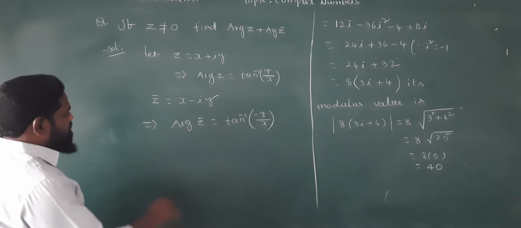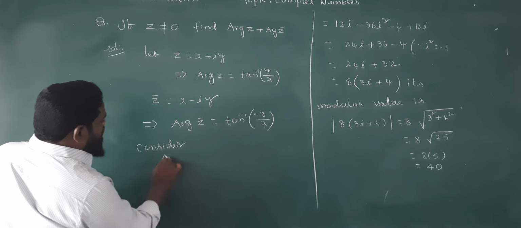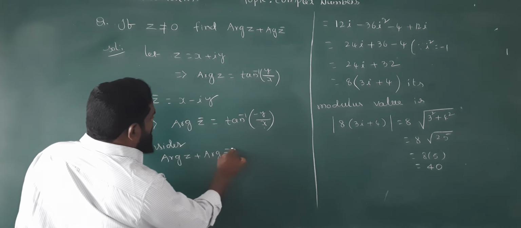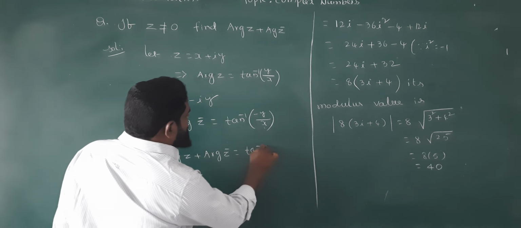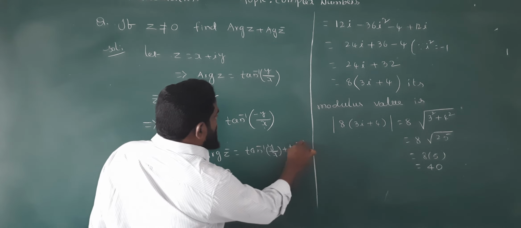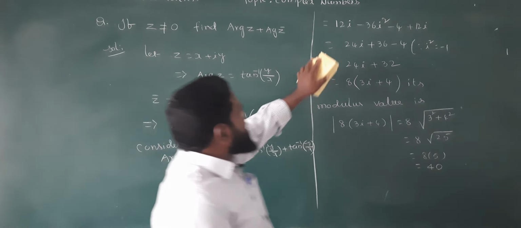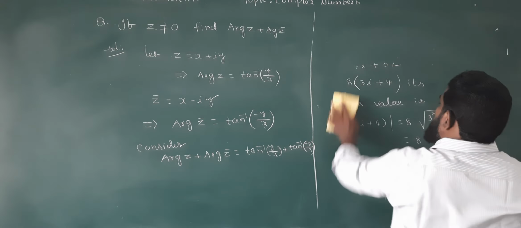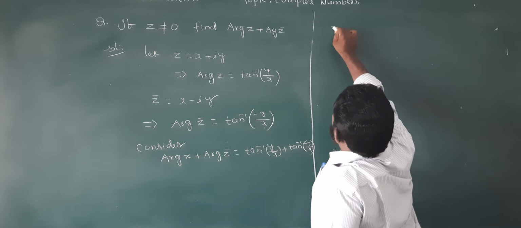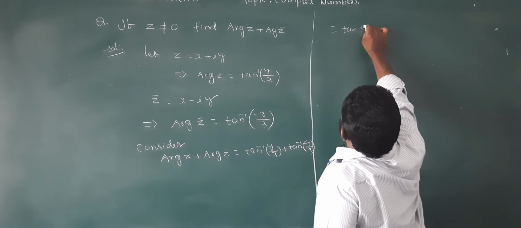Now consider the value argument z plus argument z bar: tan inverse y by x plus tan inverse of minus y by x. Understand?